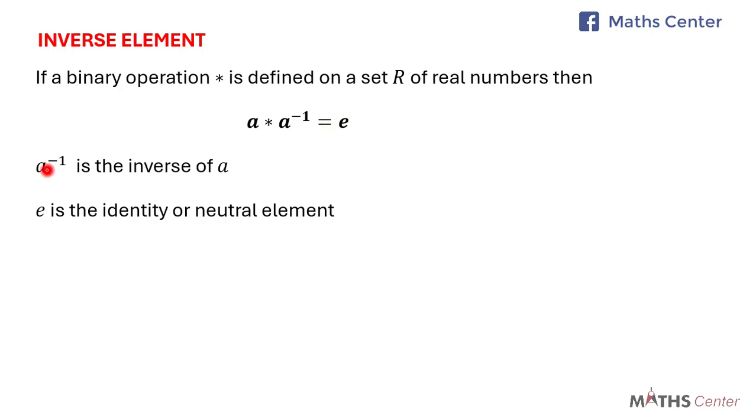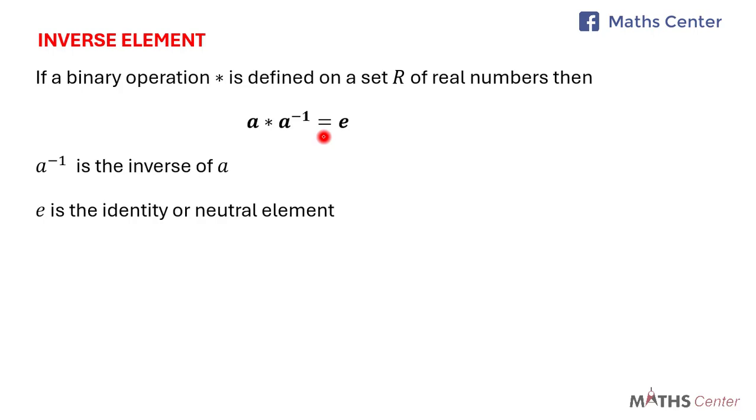So here, A inverse is the inverse of A, and E is the identity or neutral element. So for a given binary operation, let's say the binary operation is star, A star A inverse is equal to the identity element.